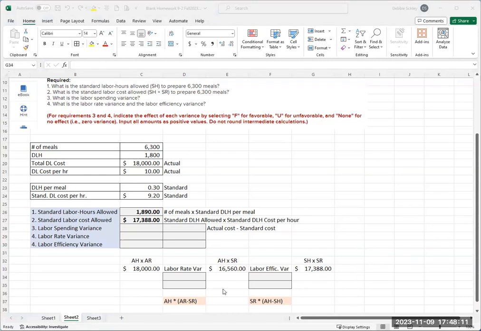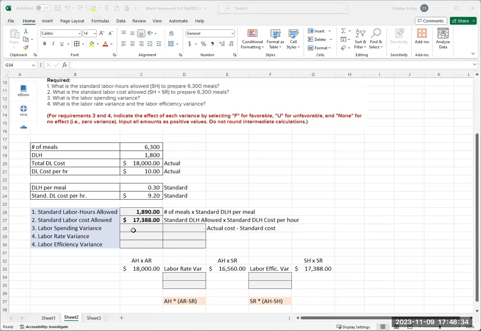so my labor spending variance, right? Yep, that's what they want first. So they want the actual cost, the first one, minus the last one, the standard cost.